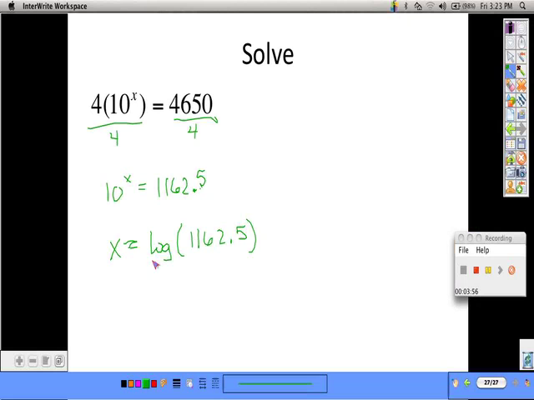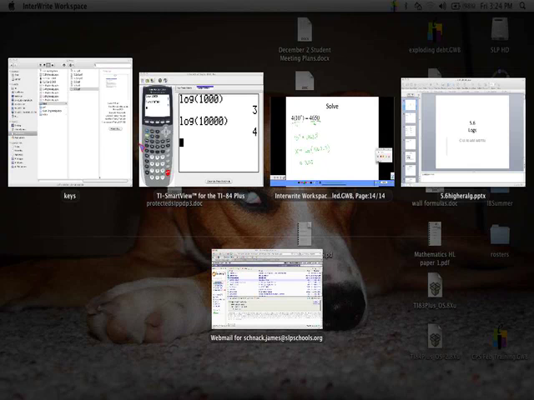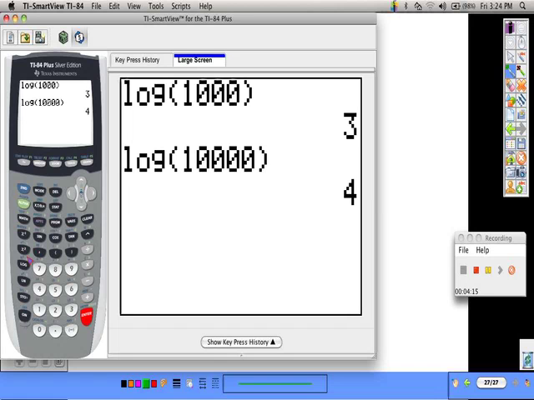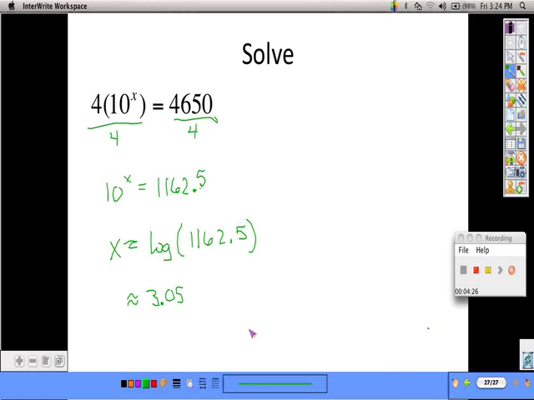Taking the log finds us the exponent of 10 that gives us this number. And we can approximate that as I believe it's 3.07. We can double check that, and we could plug that in back here and get approximately the right value.